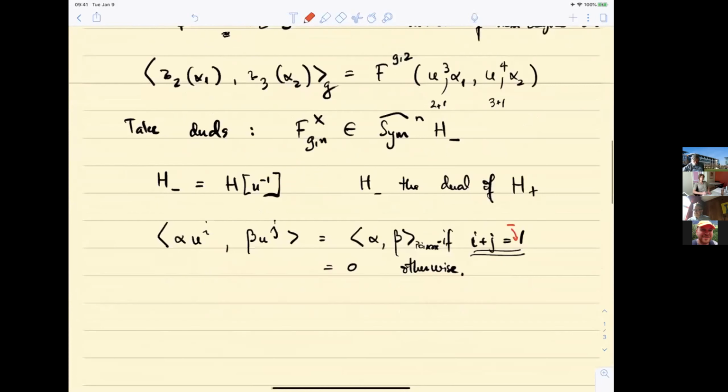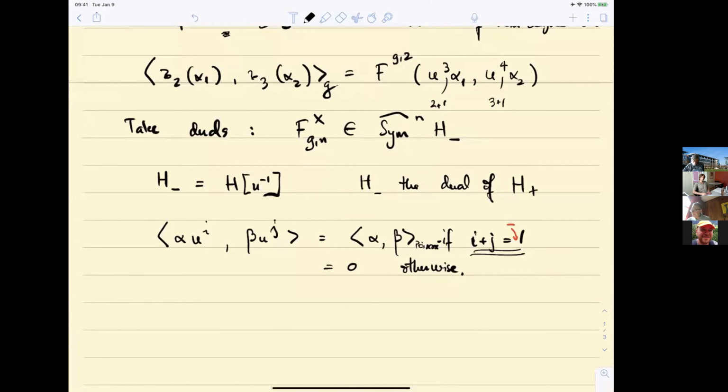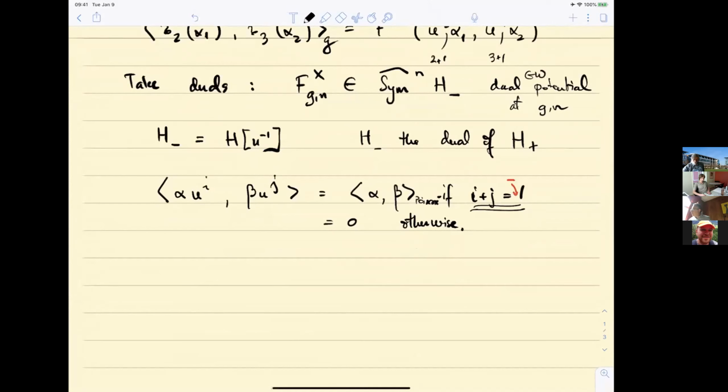So this is still very much classical Gromov-Witten theory. This is called the dual Gromov-Witten potential at g and n. And then the slightly more surprising thing that Givental and Coates do is they put together all the potentials at all the genera. That's not very surprising.